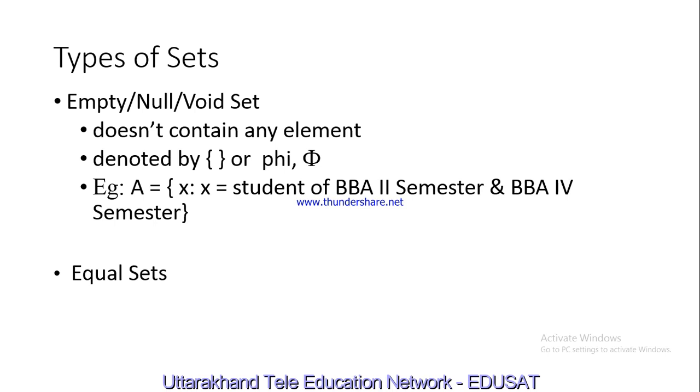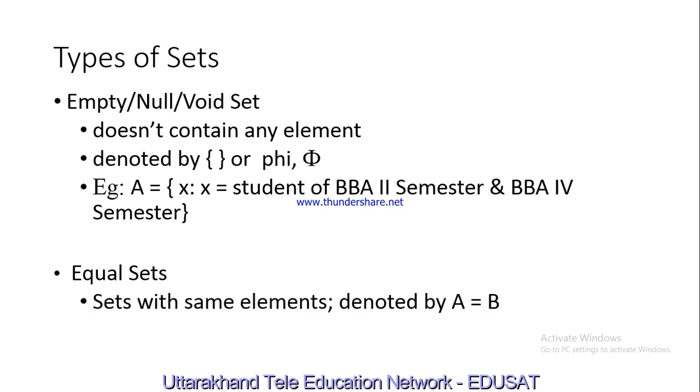Now let us talk about equal sets. What do we mean by equal sets? Sets with the same elements, and they are denoted by A is equal to B. So if two sets, let's say A and B, have the same elements, the serial order is not important. We have discussed this in the earlier lecture also. The serial order is not important, but the elements should be the same.